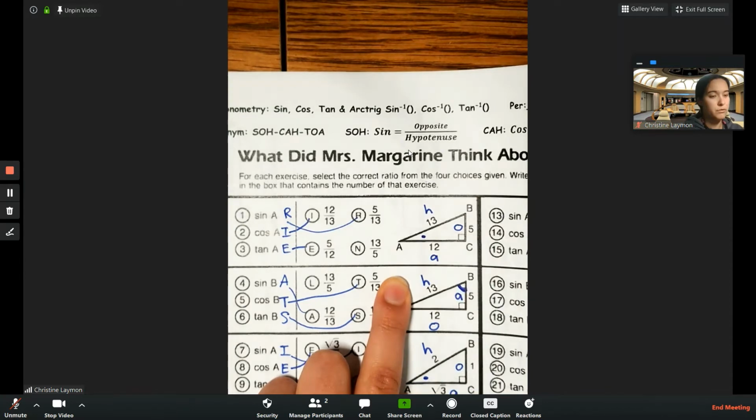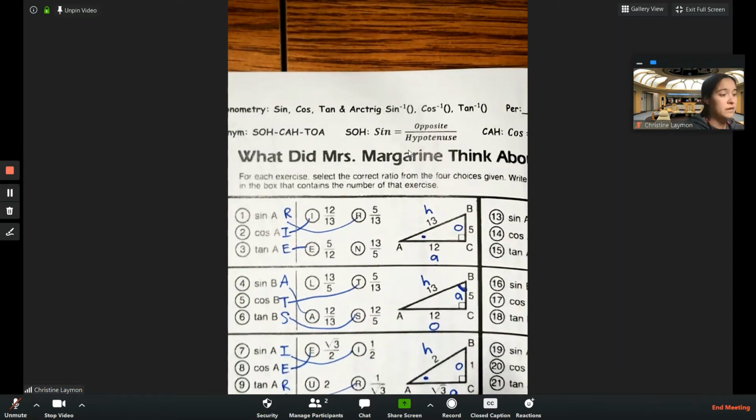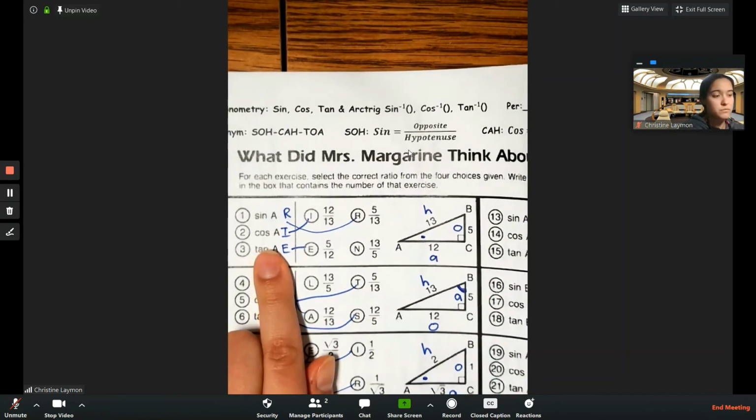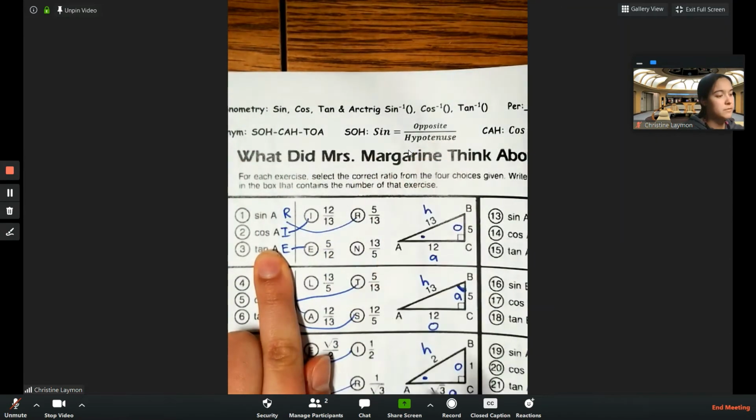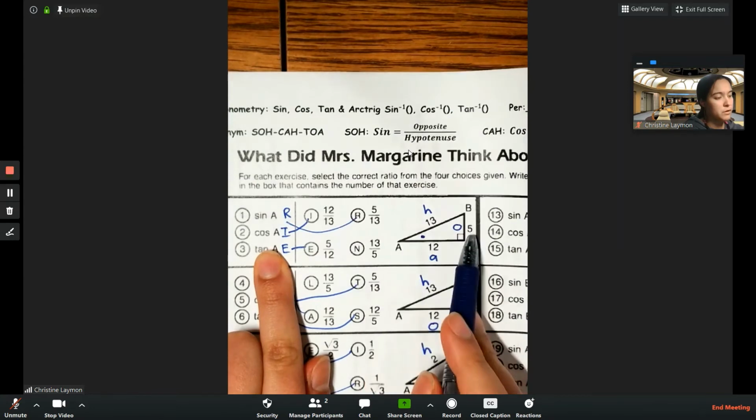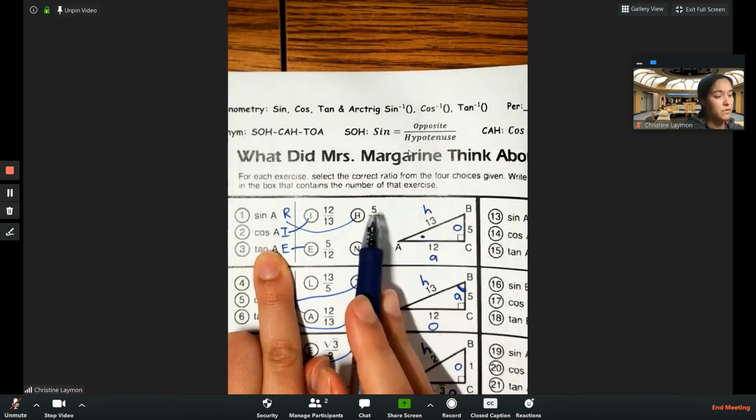Then I'm trying to label my sine of A. I said, okay, what is sine? From SOH CAH TOA, S-O-H, opposite over hypotenuse. So the sine of A is O over H, 5 over 13.